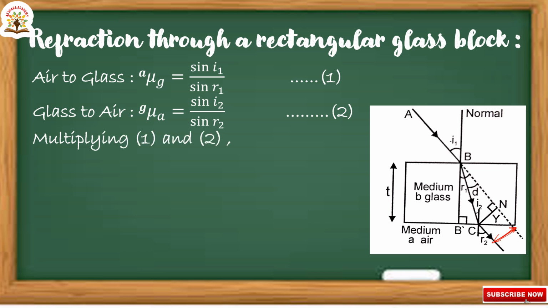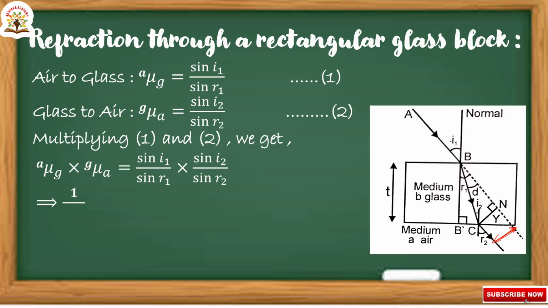Multiplying 1 and 2, we get refractive index mu into 1 by mu, we are doing equation 1 into equation 2. Sin I1 by sin R1, reciprocal, and sin I2 by sin R2. Here we are writing this as 1 by mu, glass to air.